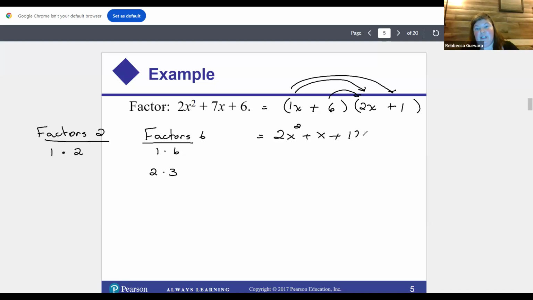Then we're going to get 12x, and then we're going to get 6. So what we see is that no, this did not work. I did not get the right factors. You could try these 2, but before you do that, you always want to switch these two numbers and try again.